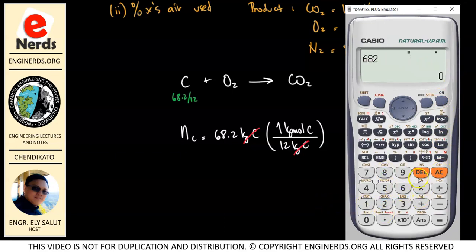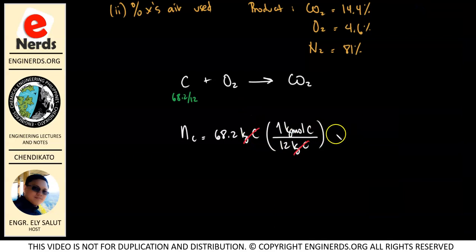68.2 divided by 12. So, we have 5.68 kilogram mole ng carbon. Okay, so let me erase this.